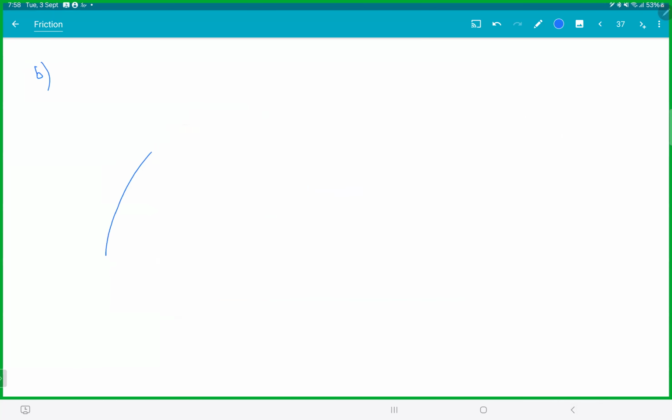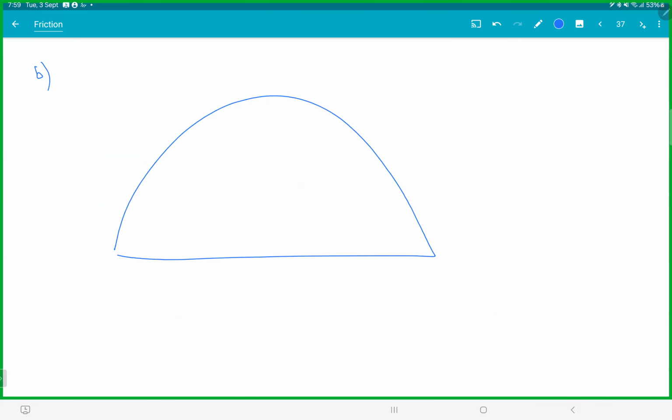If they have to ask in the exam with some numerical or something, this is one way to ask. Let's say we have a rope on a circle. The rope is like this.